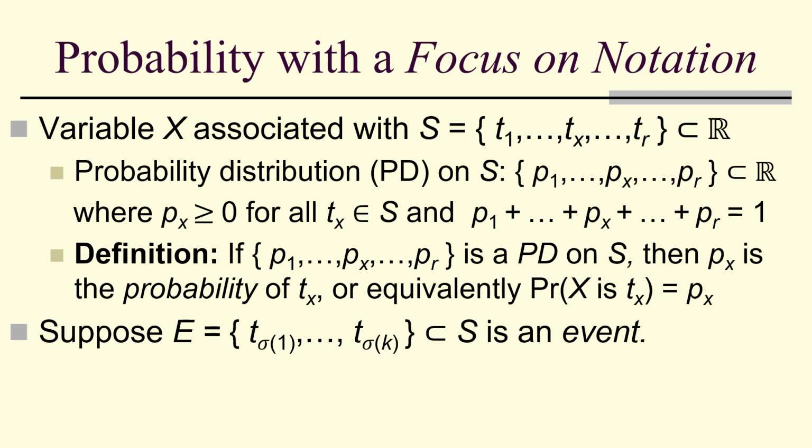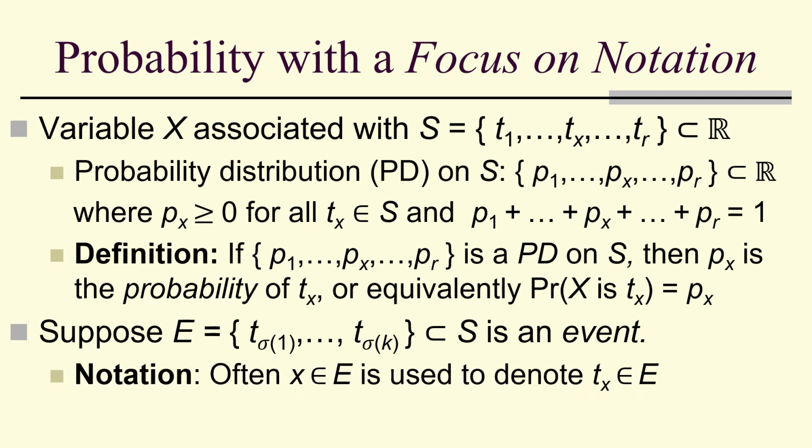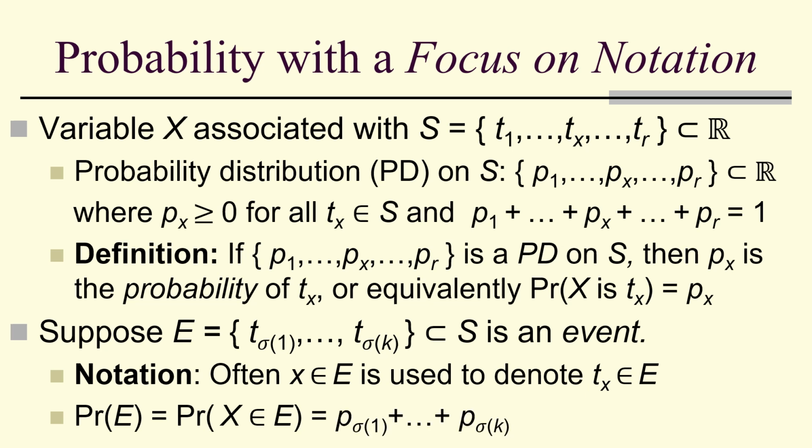If we have an event, where an event is just a set of outcomes, which we can denote using a permutation of the index set, we'll use this very handy notation that x in E is used to denote the concept of the outcome indexed by x is in E. So the probability of E, the probability that x is in E, is the sum of the probabilities over outcomes in E. This is what it looks like with function notation.